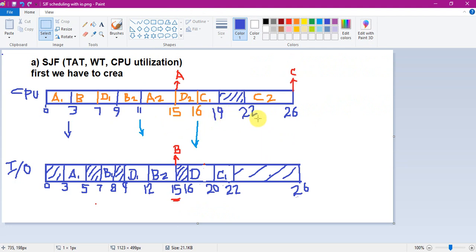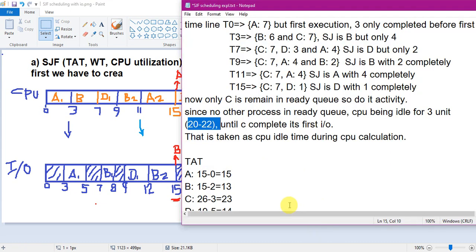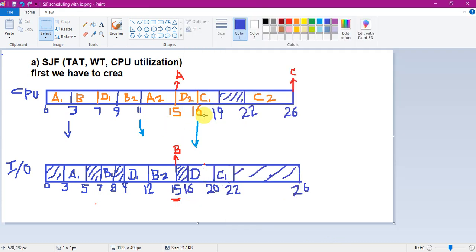Yes, it's 19 to 22, not 20 to 22. 19 to 22, that's 3 units, yes. That's taken as CPU idle time.